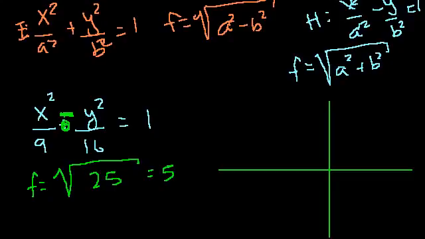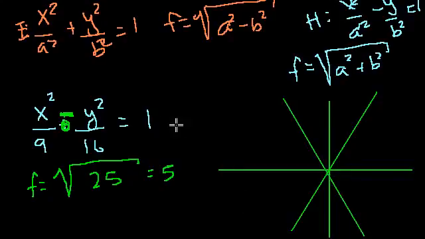So the two asymptotes, this is centered at the origin, it hasn't been shifted, are going to be fairly steep. It's going to look something like that and that. Those are the two asymptotes. The two vertex points are at plus and minus a. A is 3, right? A squared is equal to 9.